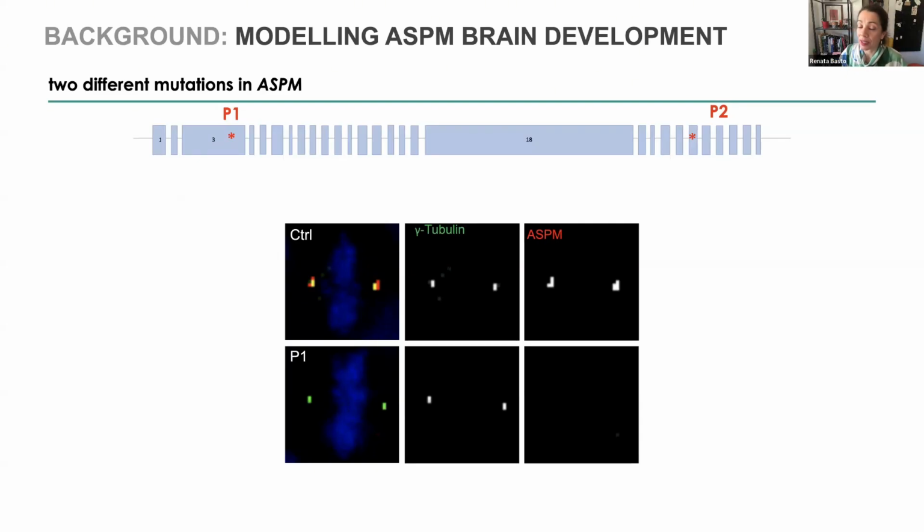One contains a mutation quite early in the protein, as you can see, exon 3, and the other one towards the end on exon 24. And in either of those, we cannot detect ASPM from fibroblasts taken from these patients.